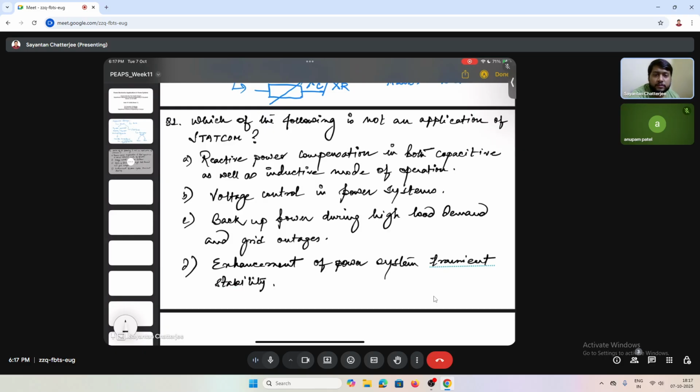So this is the question: which of the following is not an application of STATCOM? Reactive power compensation in both capacitive as well as inductive mode of operation, voltage control in power systems, backup power during high load demand and grid outages, or enhancement of power system transient stability. You may please write the answer in the chat box, or say it by unmuting.